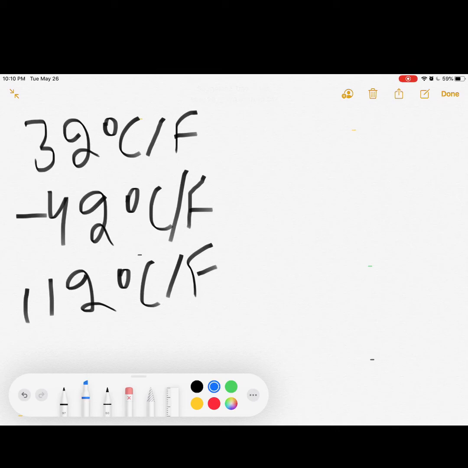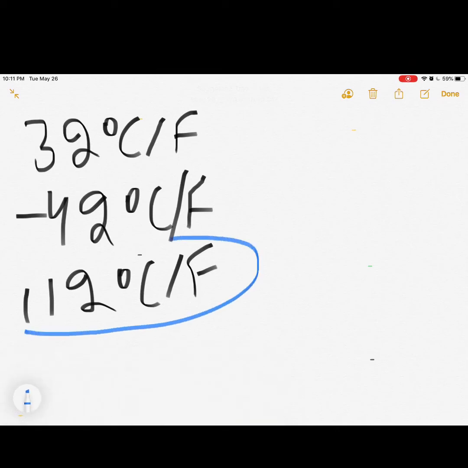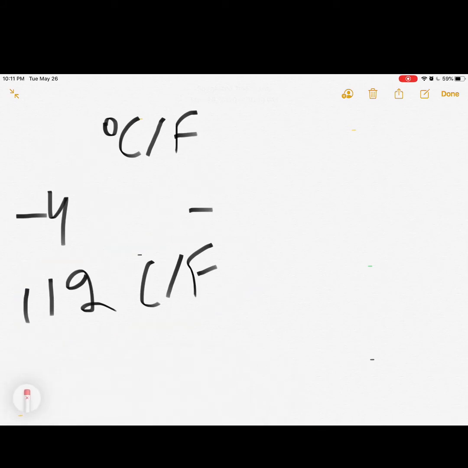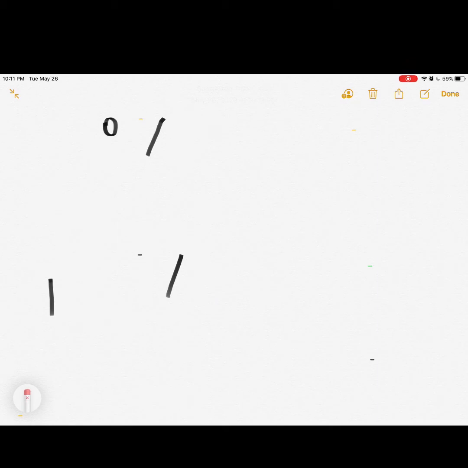Of course, it's 112 degrees Celsius / Fahrenheit, because in positive numbers, the more you get away from 0, the higher the number becomes.